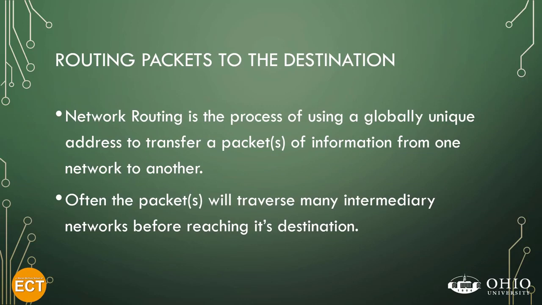So, routing packets to the destination. Some of this slide is basically defining some terms because they get a little nebulous and we want to make sure that all the terms get laid out. Network routing is the process of using globally unique addresses to transfer packets from one place to another. Often the packets will traverse many intermediate networks.